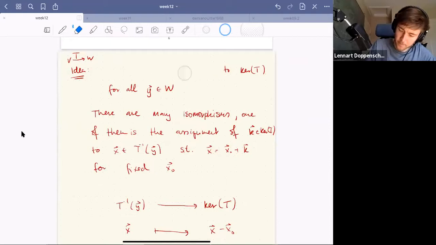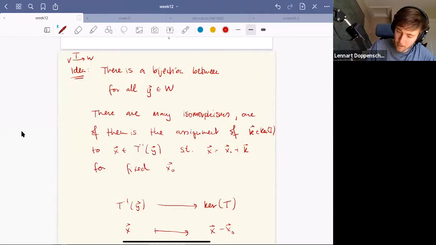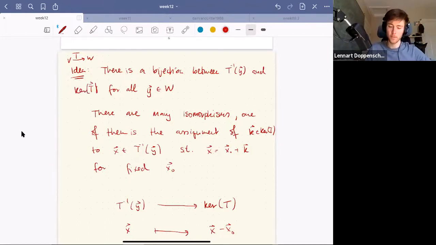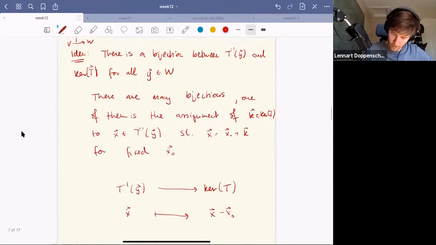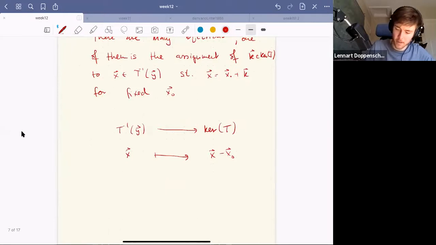So I could say that there's a bijection between the pre-image of y and the kernel of T for all y in W. And I just replace all the words isomorphisms with bijections. And now this is just a function of sets.